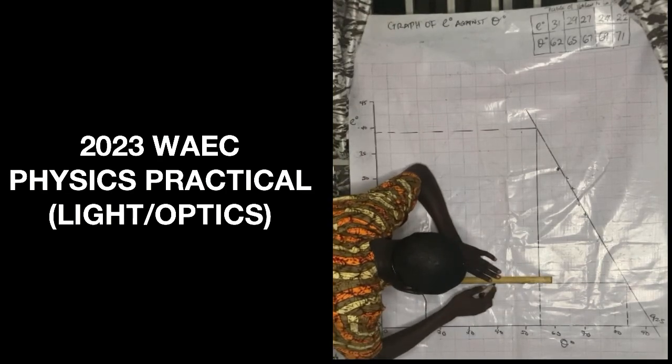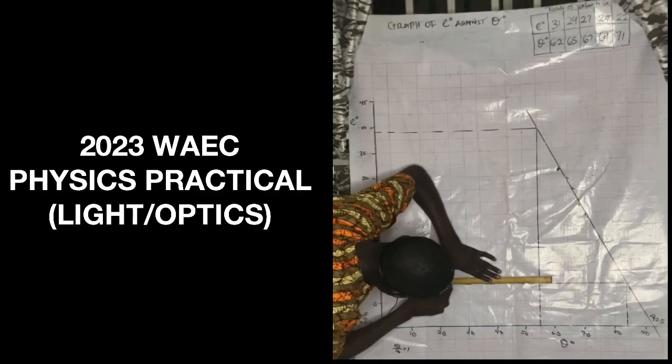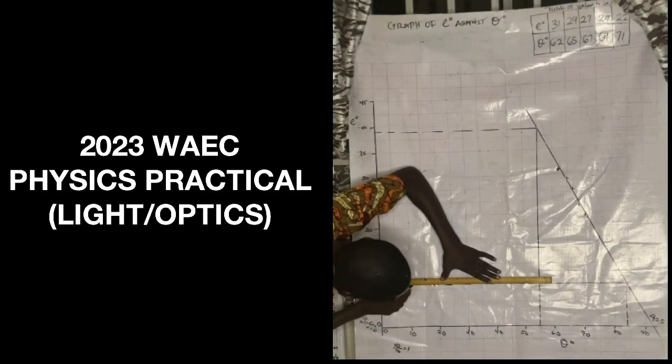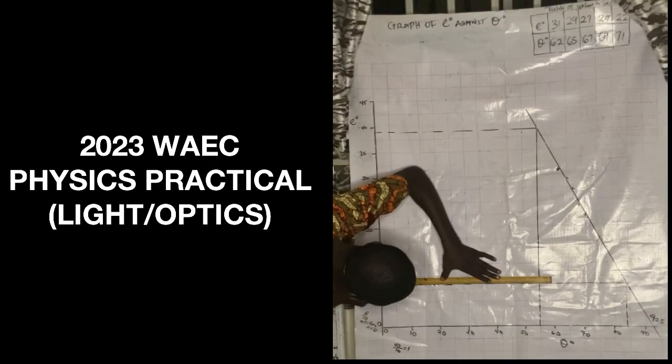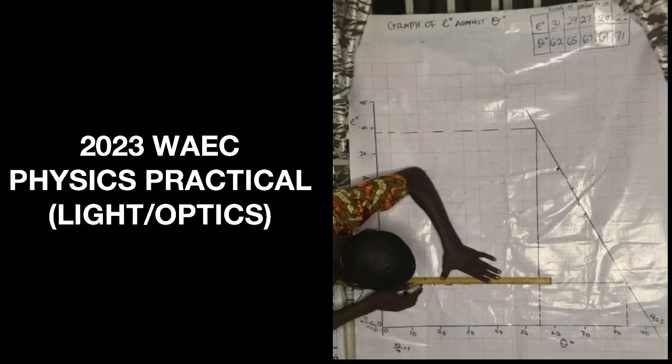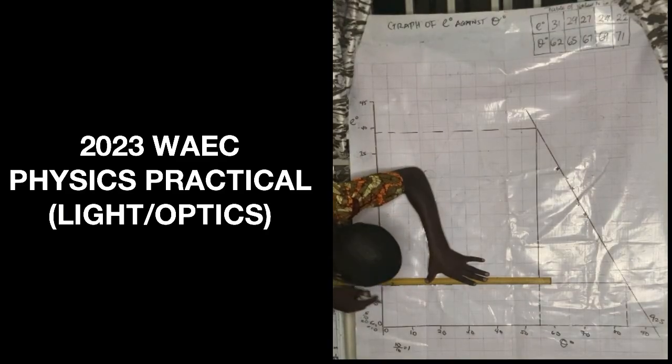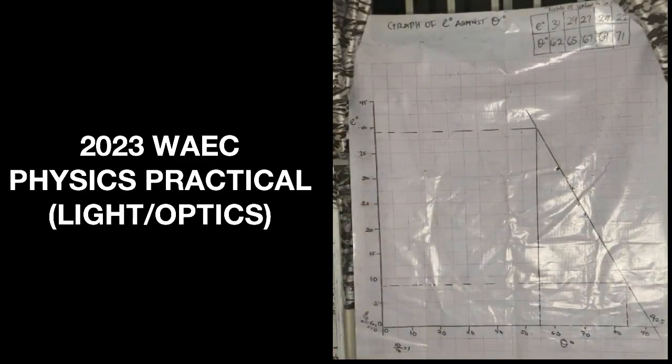So I'm trying to locate my E1 and then E2 as well as theta 1 and theta 2. So now here we are.